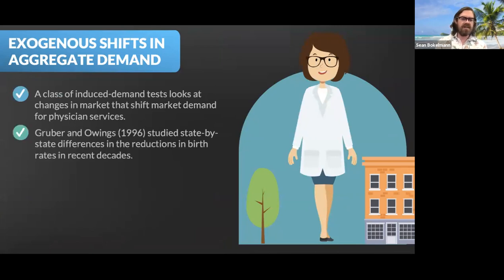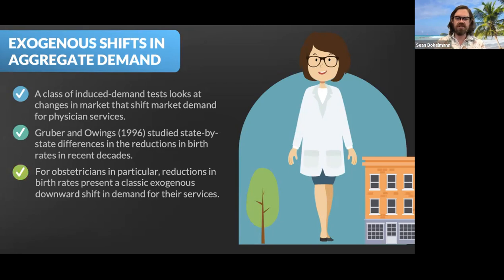Okay, so this was done by Gruber and Owings in '96, and they studied differences between states in the reductions in birth rates in recent decades. So that's the exogenous shift, right? Presumably there's no way that doctors are somehow causing the decrease in birth rates. It's exogenous.